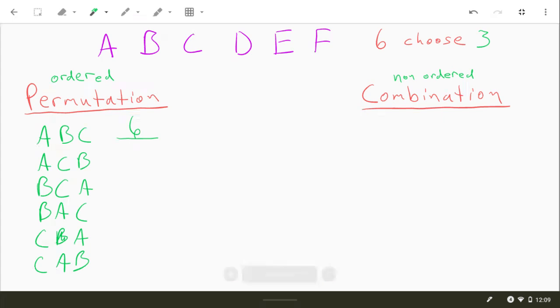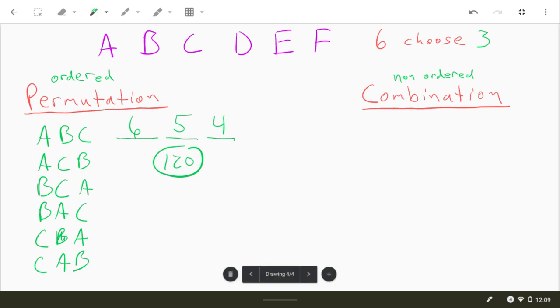And in that second position, you have 5 possibilities. And in that third position, you have 4 possibilities. You filled all 3 jobs now, right? So whatever this multiplies out to looks like 120. That would be all the permutations of choosing 3 objects from a group of 6. Now, I didn't have to list them out, thankfully.